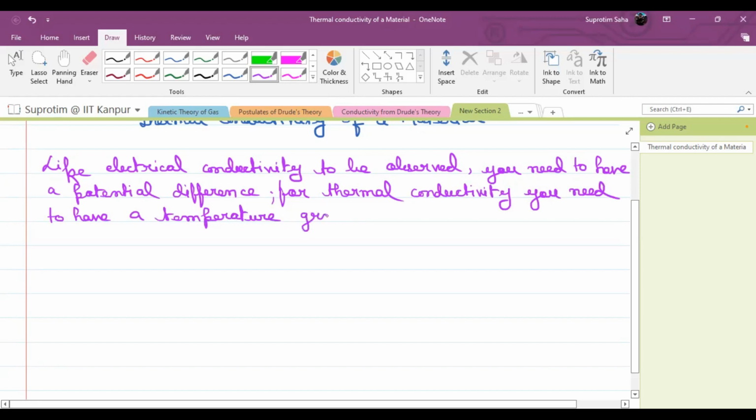Temperature gradient. All right. So highlight this. For thermal conductivity, you have to have a difference in temperature between the two ends of the sample.